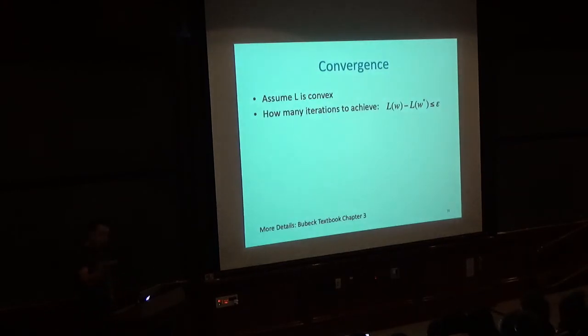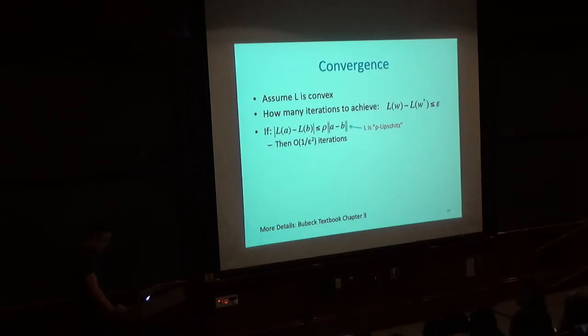Okay, so I just want to touch a little bit on what you can say theoretically about gradient descent style learning for these kinds of learning objectives. If the learning objective is convex, which it is for squared loss and linear functions, then we can reason about how many iterations we need to converge to the global optimum, or be within epsilon of it.